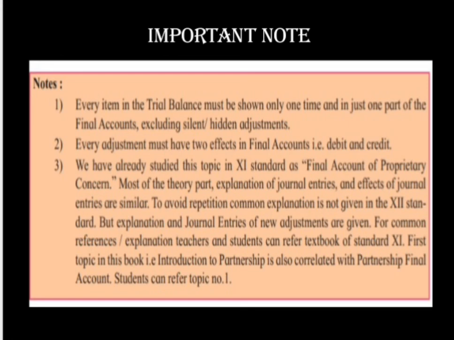Under trading account, we debit all direct expenses, credit direct income. Under profit and loss account, we debit indirect expenses and credit indirect income. And balance sheet is a statement of all assets and liabilities which should get tally at the end of the year.